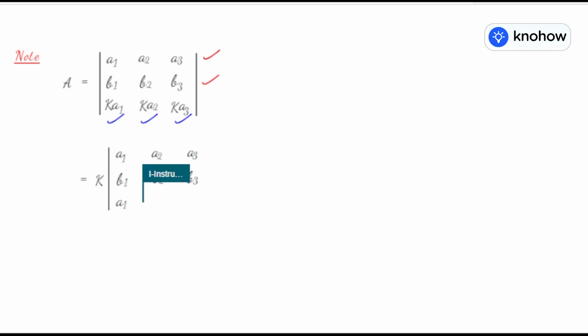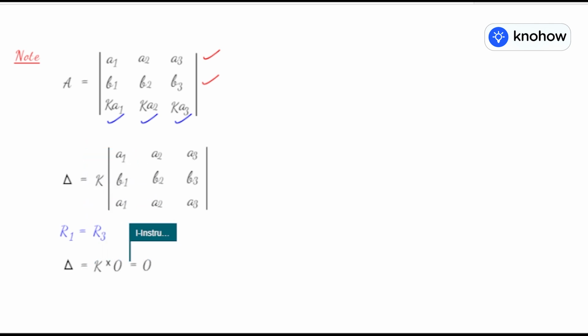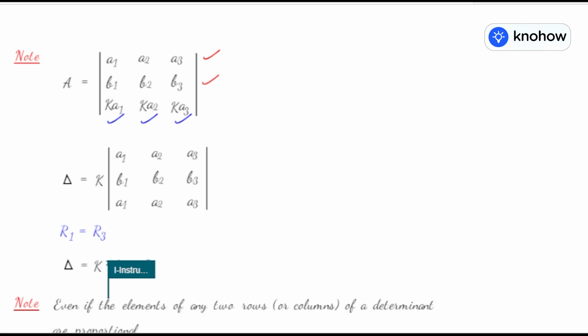What do you find here? That R1 is identical with R3, so the value of the determinant should be K into 0, that is 0. What's new this time, I just want to emphasize that not merely identical rows or columns make the value of the determinant 0; even if they are proportional, then also the value of the determinant will be 0.